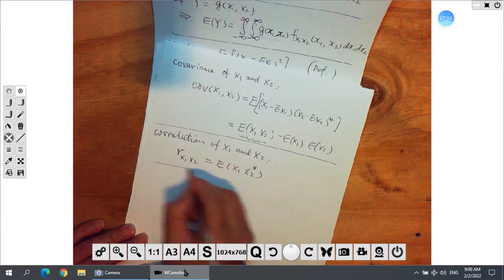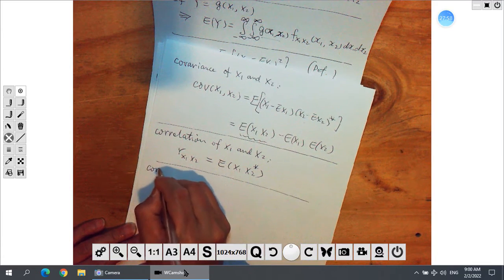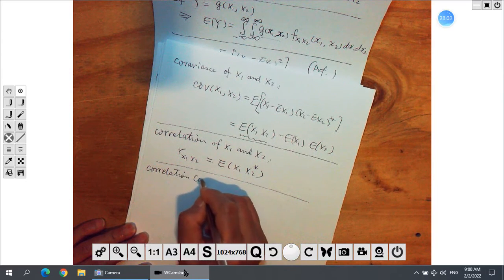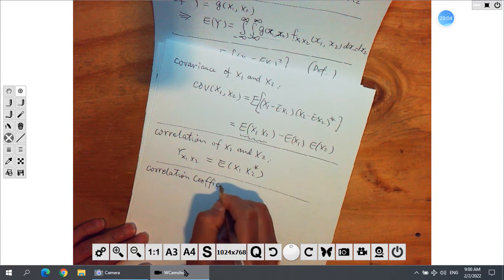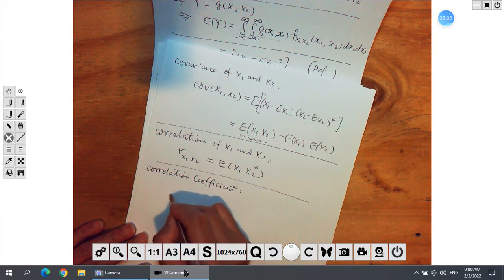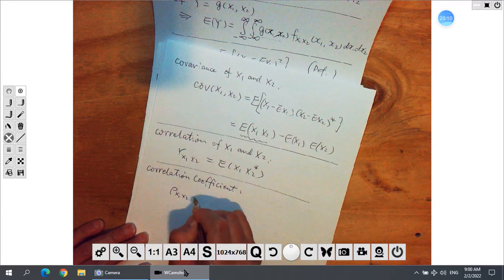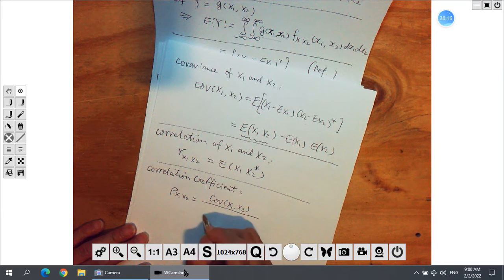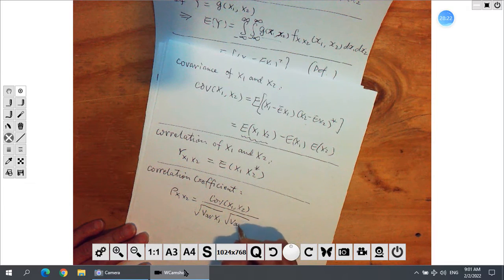And we have another one, the correlation coefficient. It is denoted as rho x1 x2. It is the covariance of x1 and x2 over the square root of the variance of x1 times the square root of the variance of x2.